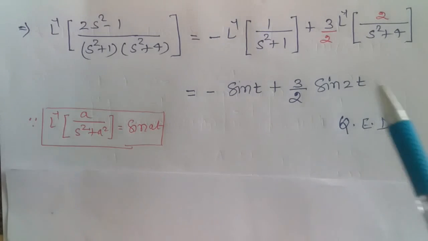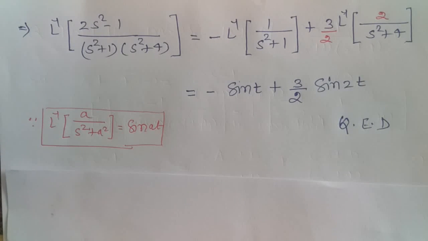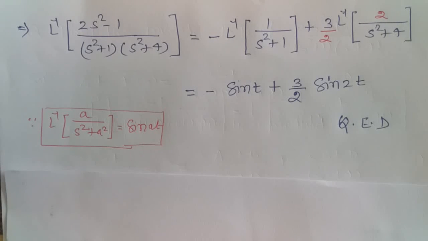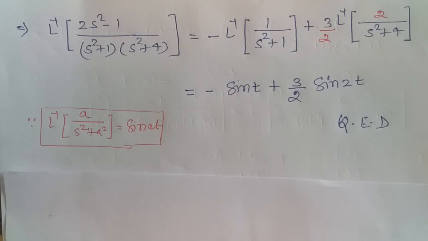So this is the inverse Laplace transform of the given function, and this is how we use the partial fraction technique to find the inverse Laplace transform of a function whose denominator contains quadratic factors.